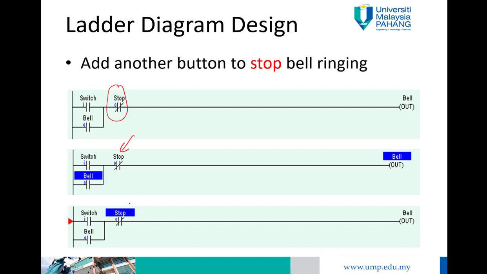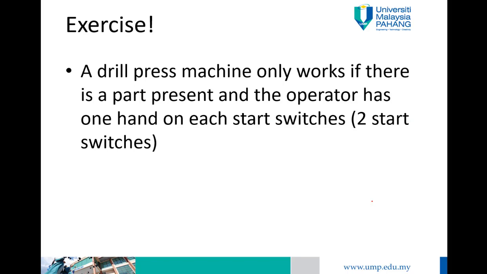Since the stop button is on, the line is disconnected, so the bell will stop ringing. So that is some of the fundamentals in the design of a programmable logic controller.